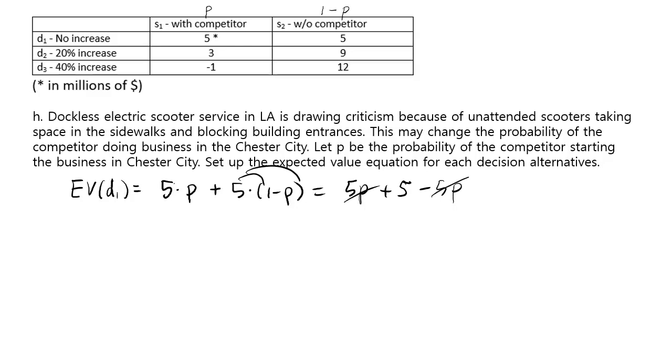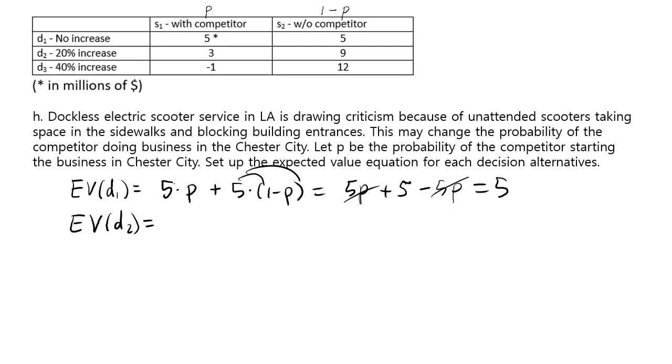The 5P and negative 5P cancel and you get 5. Somehow the P's canceled and you end up with a number that doesn't have anything to do with P, but that's a very special case. Usually, you're going to have the expectation value as a function of P.